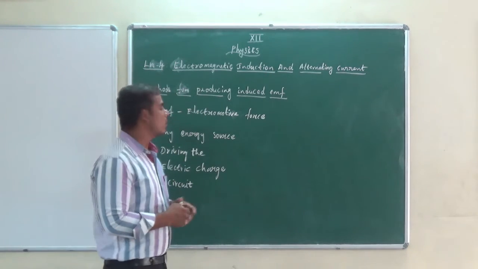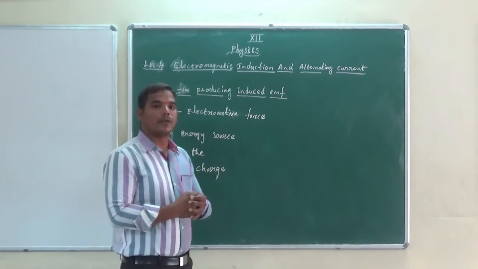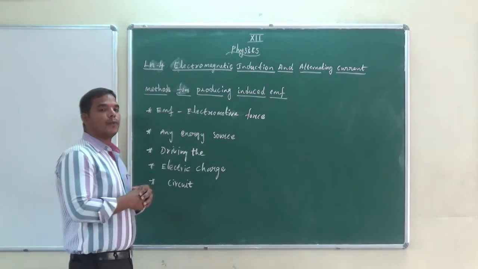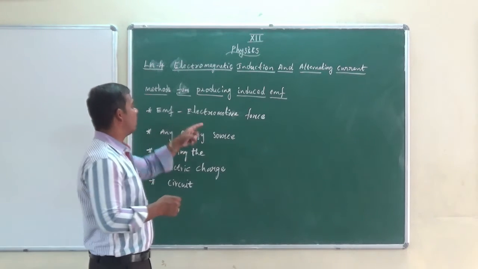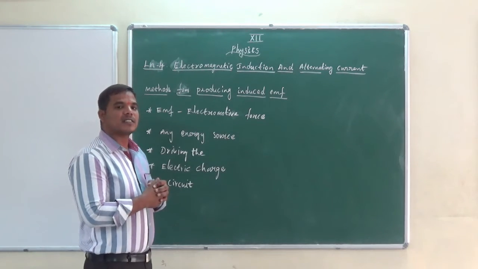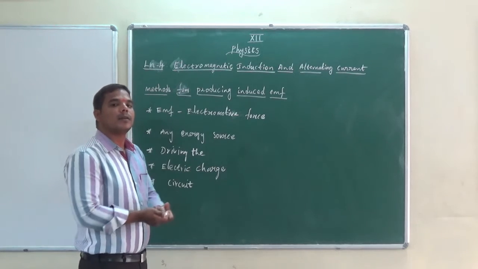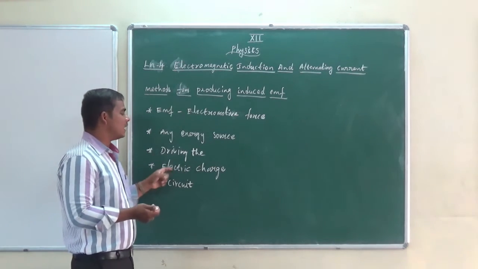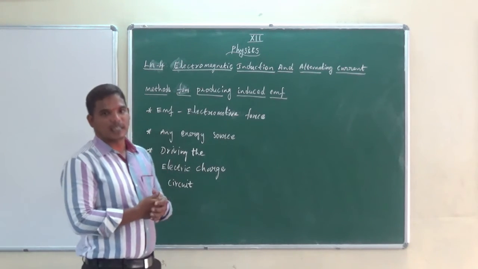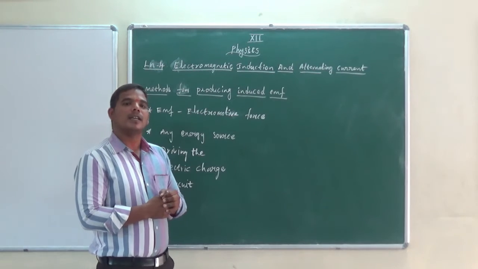If you have any problem understanding electromotive force, we simply call it EMF. It is the characteristic of what? Any energy source capable of driving the electric charge around the circuit. What is that? Around the circuit.